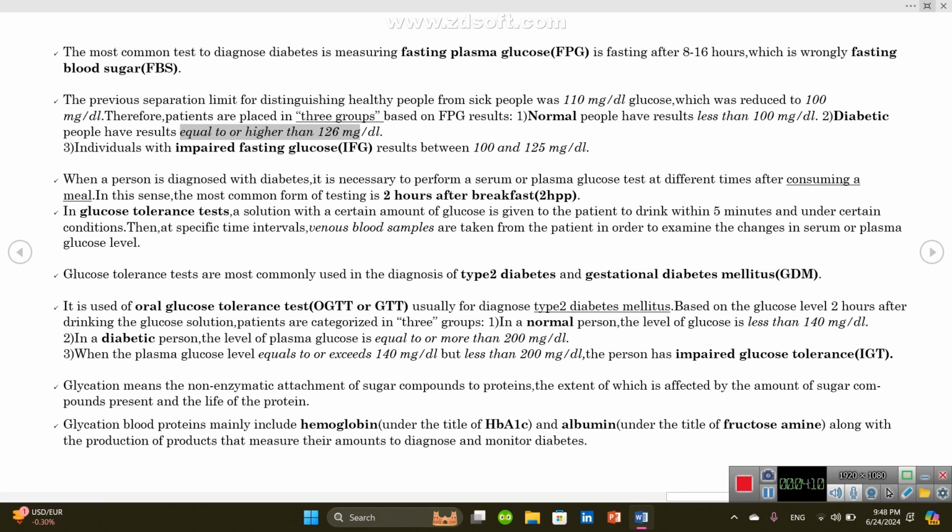When a person is diagnosed with diabetes, it is necessary to perform a serum or plasma glucose test at different times after consuming a meal. In this test, the most common form is 2 hours after breakfast, 2 HPP, which is an abbreviation of the 2-hour postprandial test.